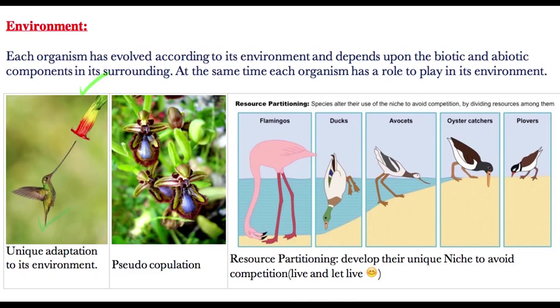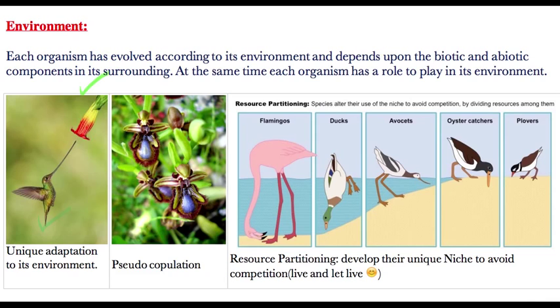There might be no one to take the pollen from here to some other flower, and this species of flower or the plant will die. This is also called adaptation. As you can see, the beak has taken a particular shape, and that is due to the adaptation to this environment. So they are interdependent upon each other.